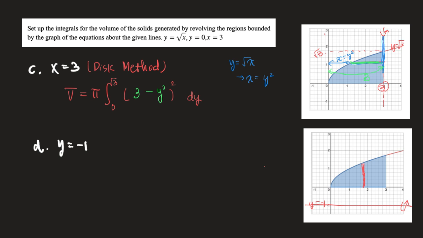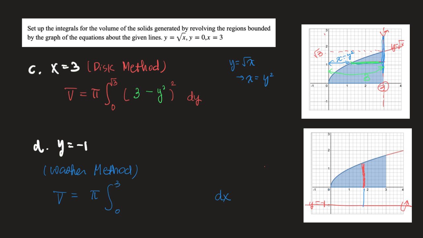You see, there is a hole right here, so this is the washer method. The volume is parallel to the x-axis, pi integral, dx, from 0 to 3.